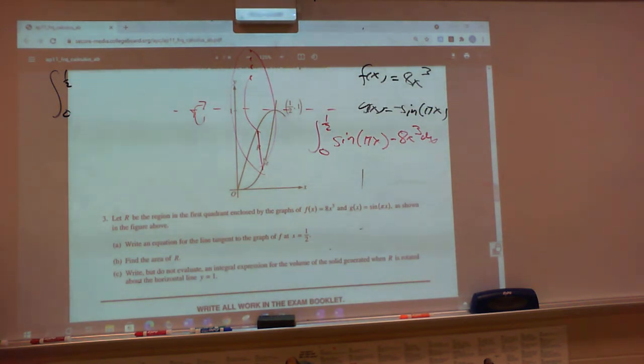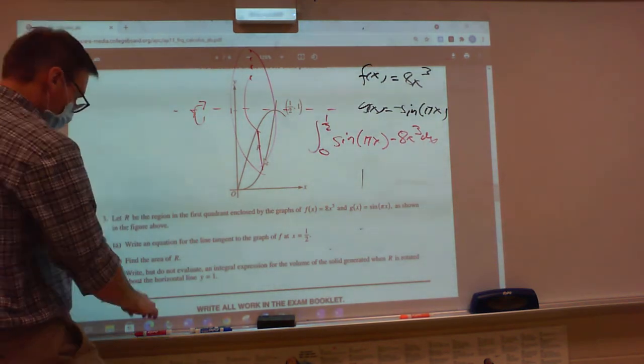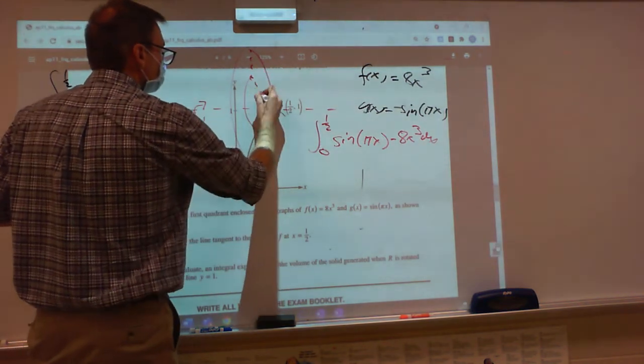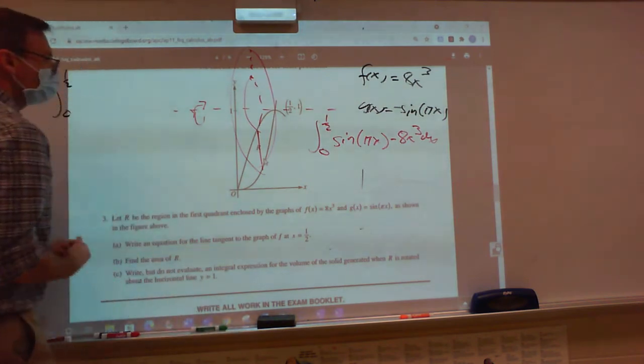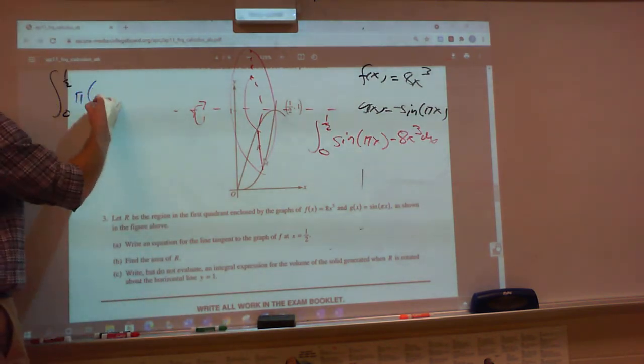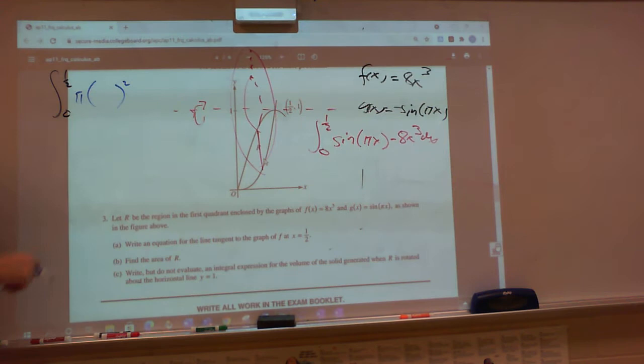All right? Now, can everybody see that this is going to be a big circle? Oh, I didn't finish drawing. Can everybody see this is going to be big circle minus little circle? What's your big circle? Pi r squared. What's the radius of the big circle? 1 minus 8x cubed.